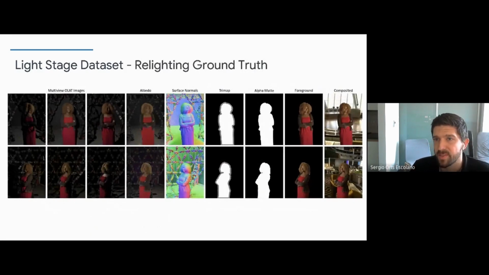Additionally, we also get an image of the subject under the full sphere of lighting, which works as a proxy for the albedo. And we use the one light at a time images to perform photometric stereo, allowing us to recover ground truth accurate per pixel photometric normals. In this slide, we can also see the estimated alpha mask, corresponding trimap, foreground color, and final composited image on a high-resolution HDR map.